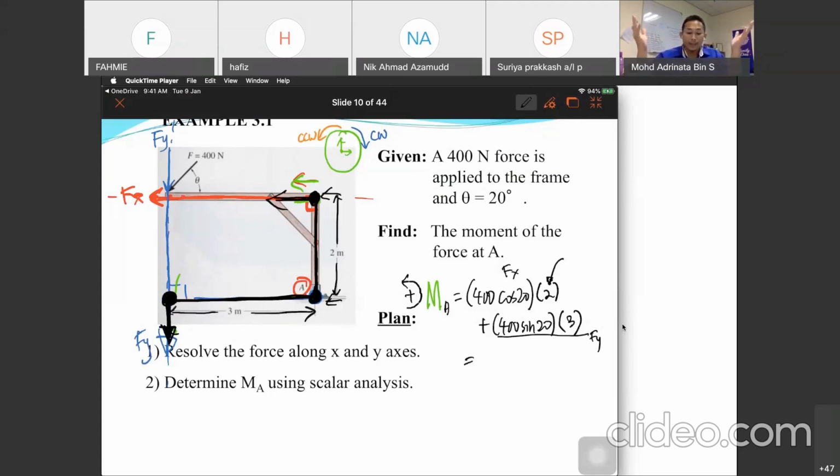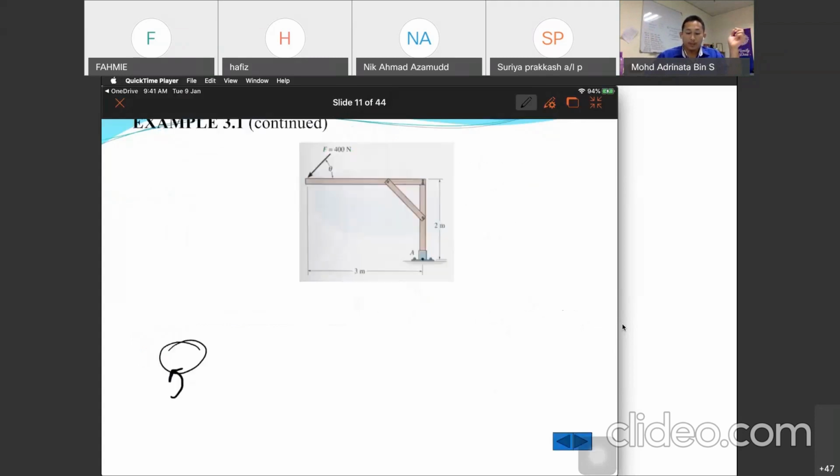They are separate. So that is for our moment. F times D is equal to moment.